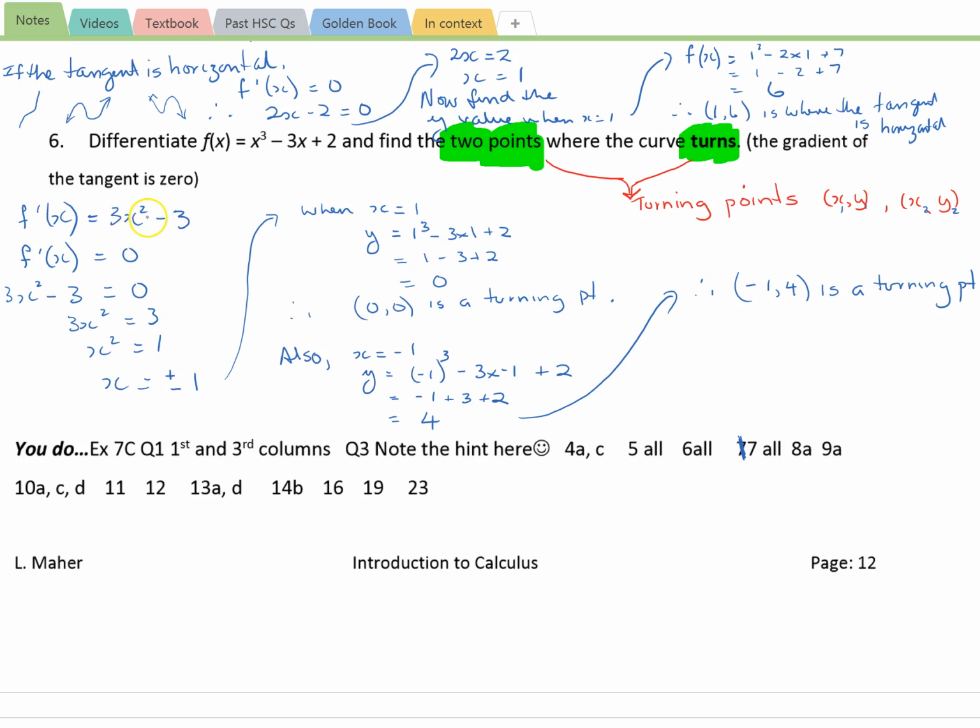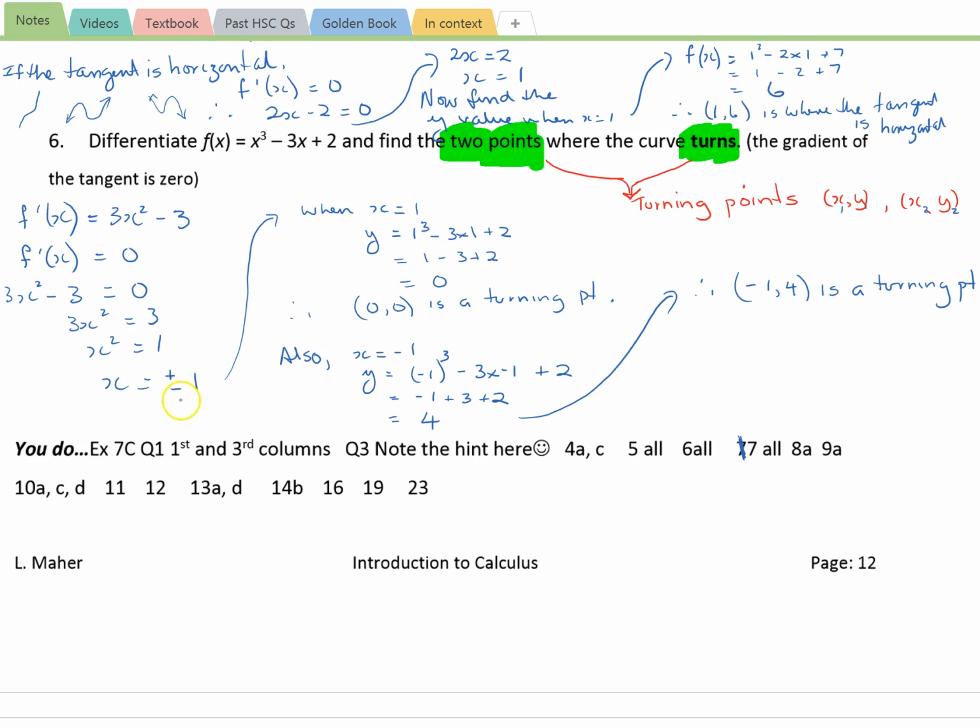Interestingly, the expression for the gradient is a quadratic. When we solve a quadratic equal to 0, we most commonly get 2 answers. We learned that about a quadratic. So this is nicely making sense. I've got a quadratic, I'm solving it equal to 0.